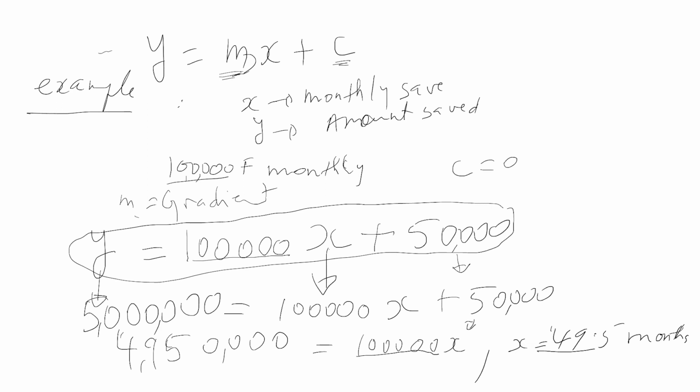You see, I can still maintain my formula and use it to get how much money I will have. Our linear function is 100x plus 50,000. Remember, 50,000 is the money that we started with before savings.